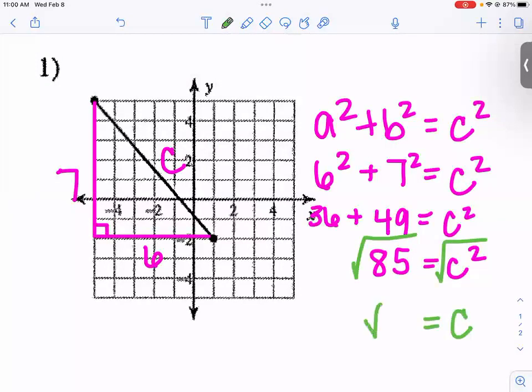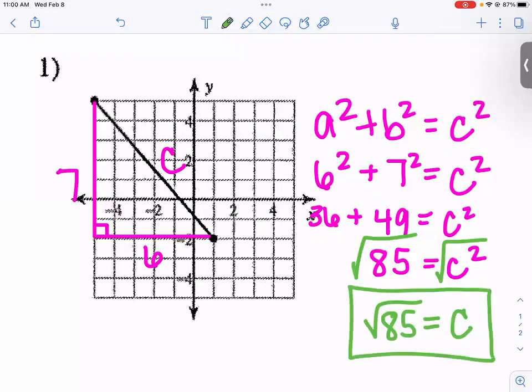Is 85 a perfect square? No. So we're going to leave our answer as the square root of 85. If it were the square root of 81, we could say that it's 9, but it's the square root of 85, so we just know it's a little bit longer than 9.